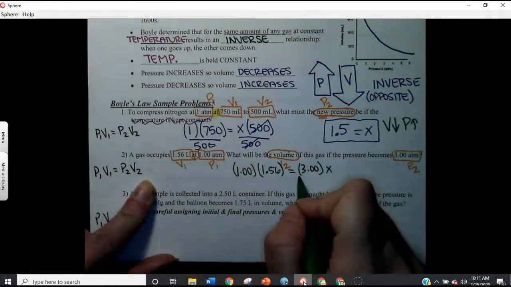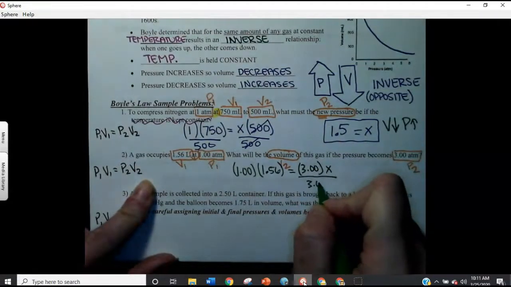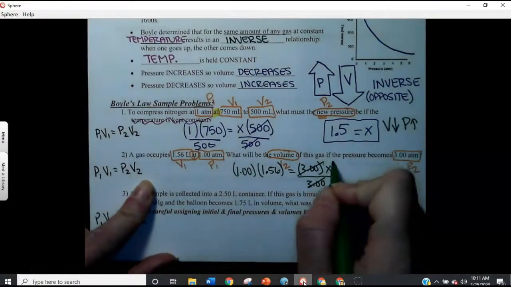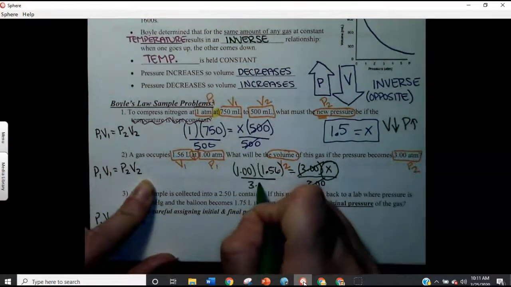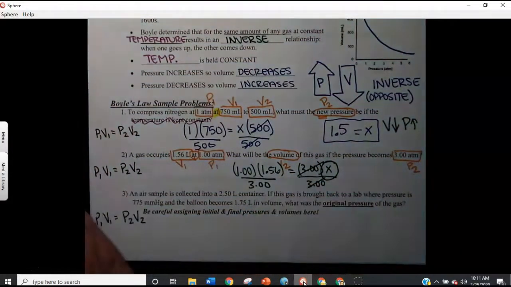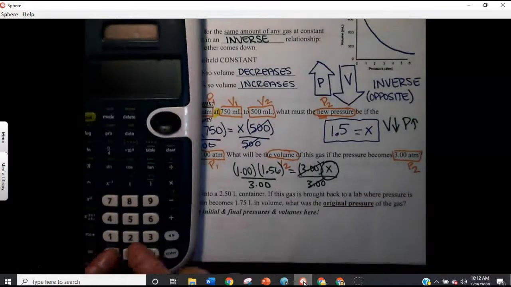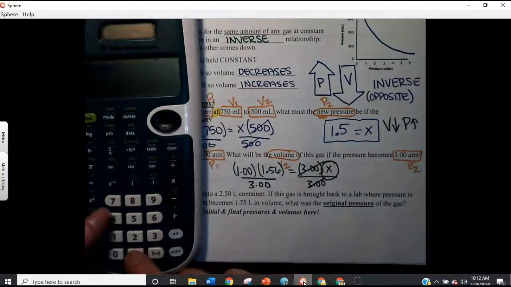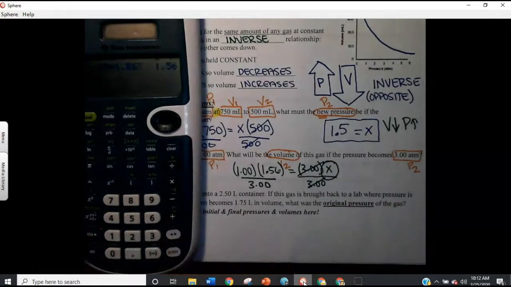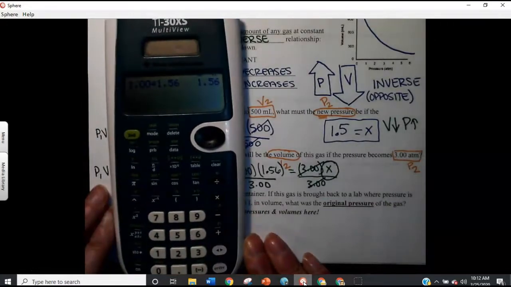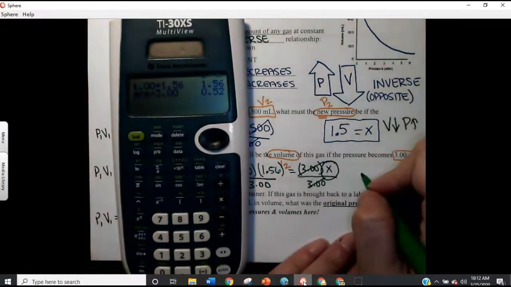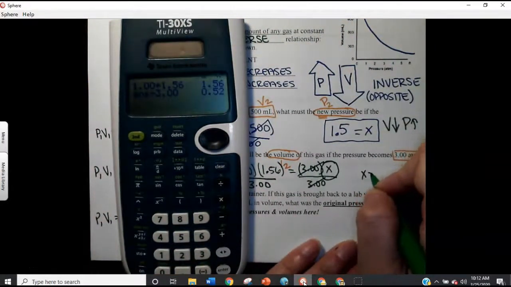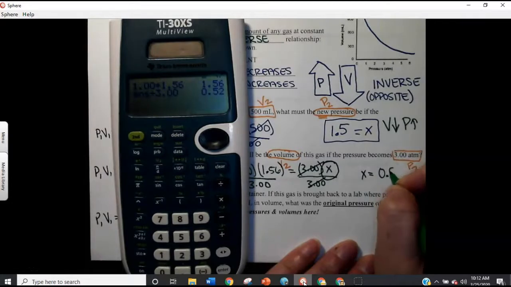So I want to do the opposite of multiplying by 3.00 so that I have just x, and I have to do that to this side as well. I'm going to say 1.00 times 1.56, divided by 3.00, and x equals 0.52.